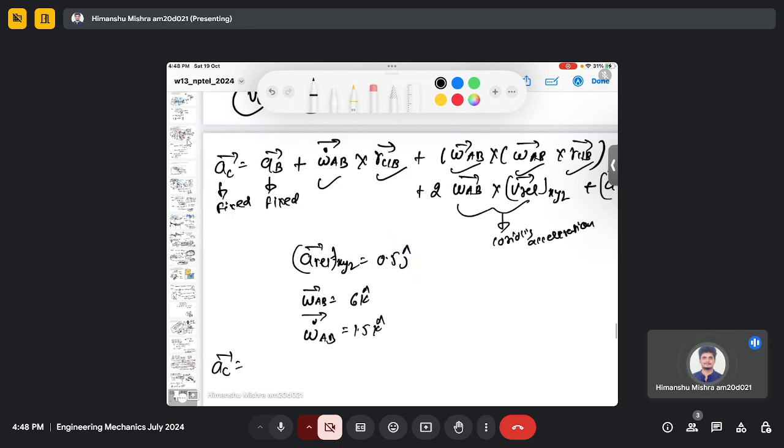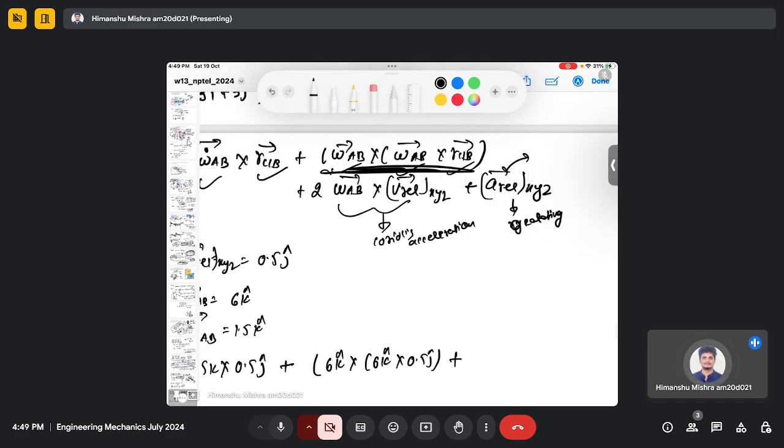AB will be 0, because there is no translation velocity, so no translation acceleration of point B. Omega dot is 1.5 k cross position vector RC with respect to B, which is 0.5 j, plus 6k cross 6k cross 0.5 j, which is this quantity.